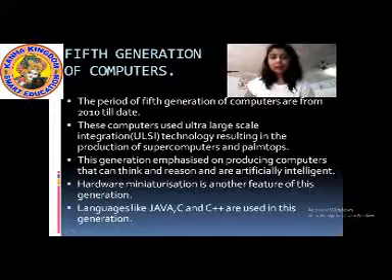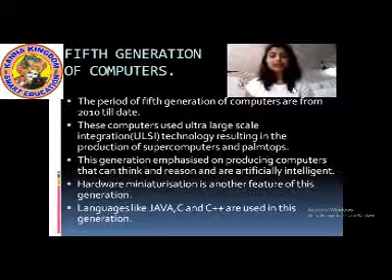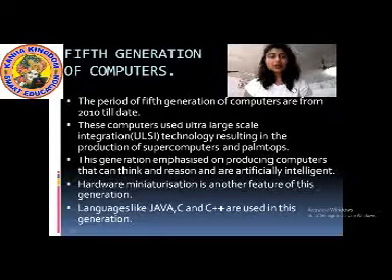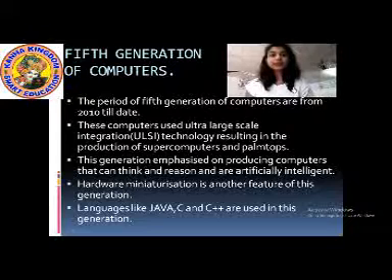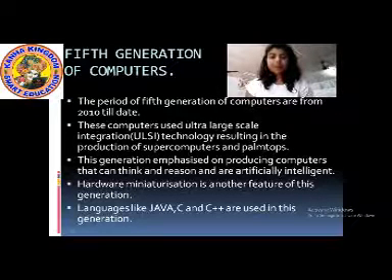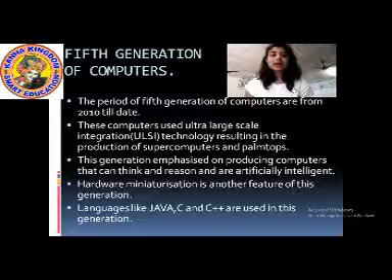Don't you use laptops, tablets, mobile phones, and you have the features of a computer in your mobile phones today? It is the ultra large scale integration technology of this period. Now see how advancedly the generations have developed.